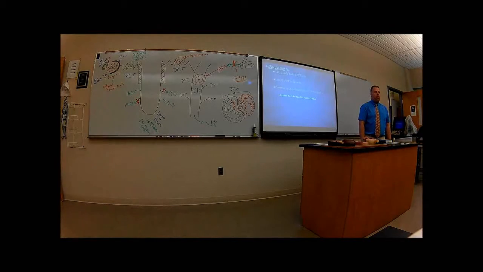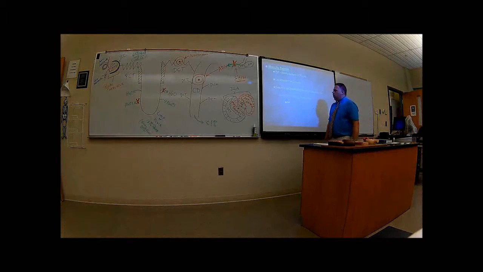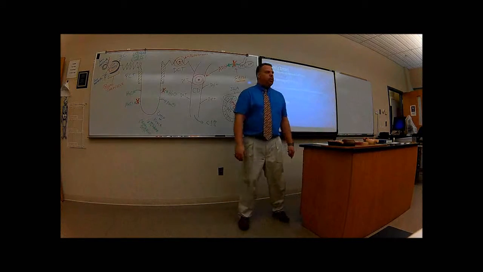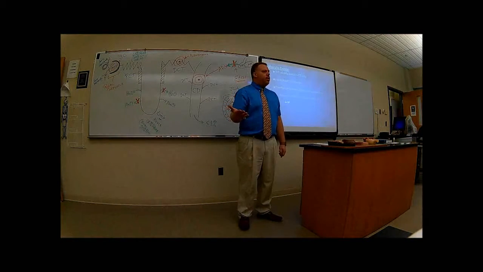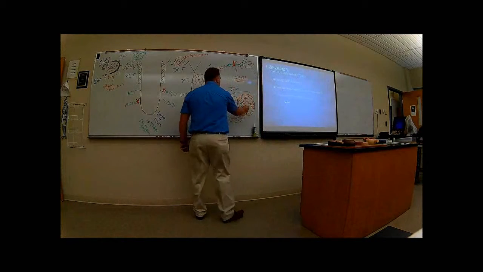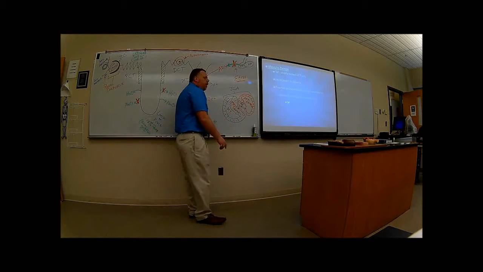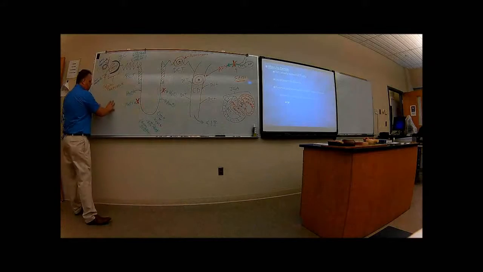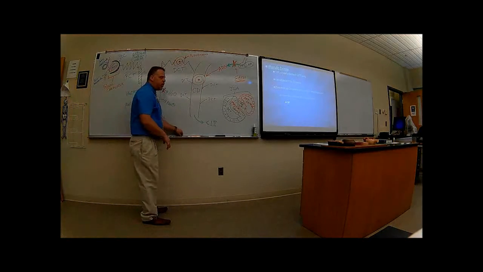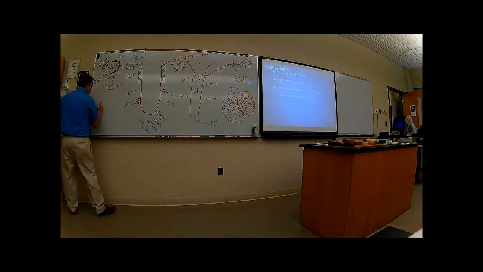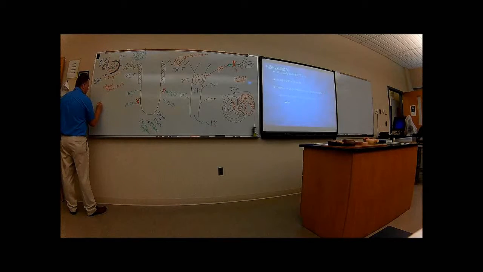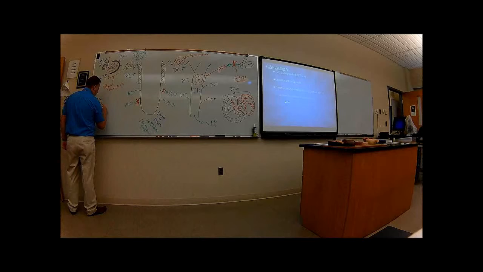I'll go slower with you to make you understand this. When the blood pressure is low, we need to release renin. Now this is one way, but we need to amplify it. The only way you can really understand it, I'm going to draw something over here that you can appreciate a little bit better. I'm going to draw it a little bit differently, but I think you'll understand the concept.